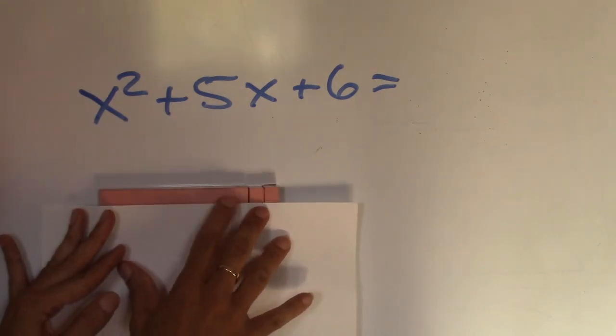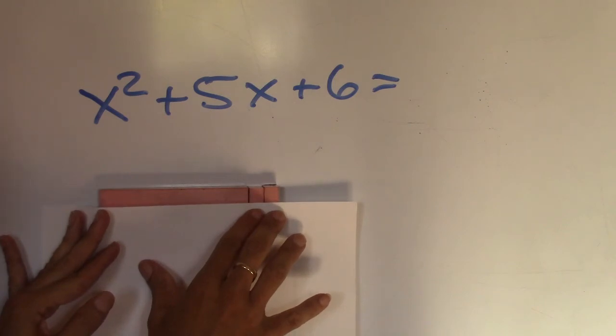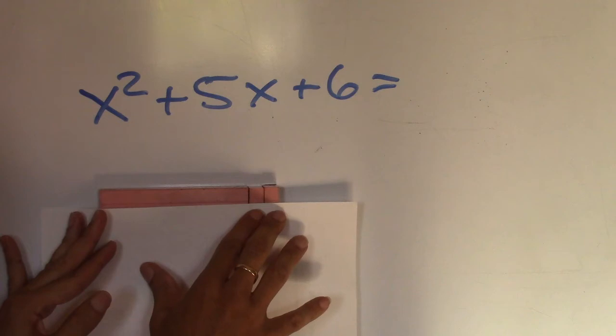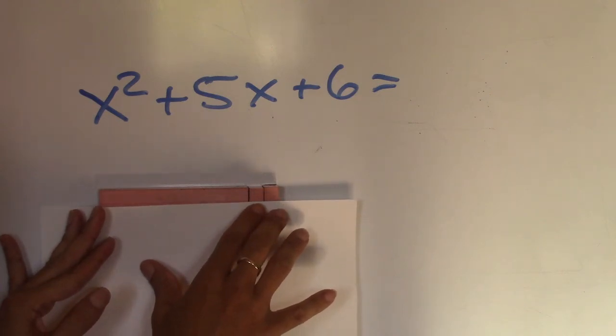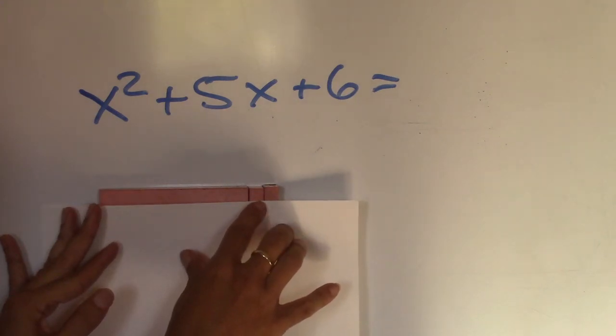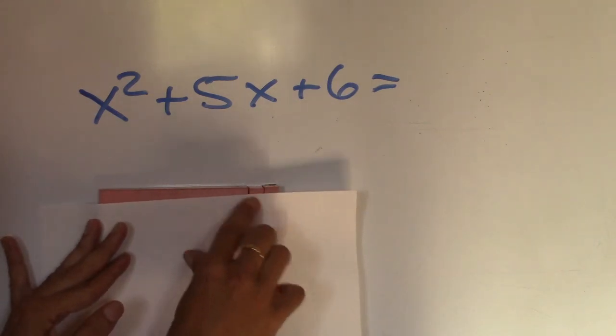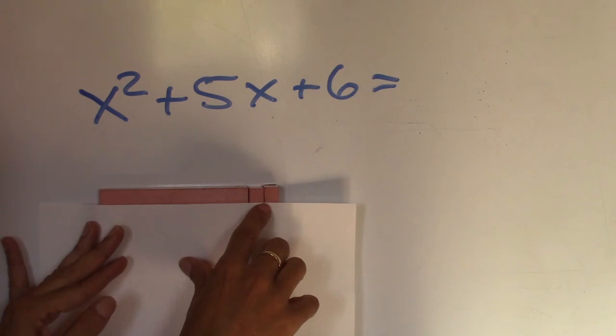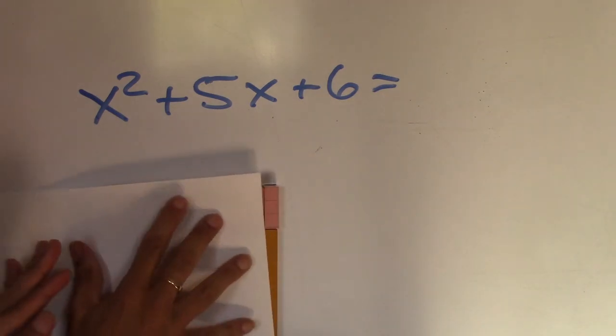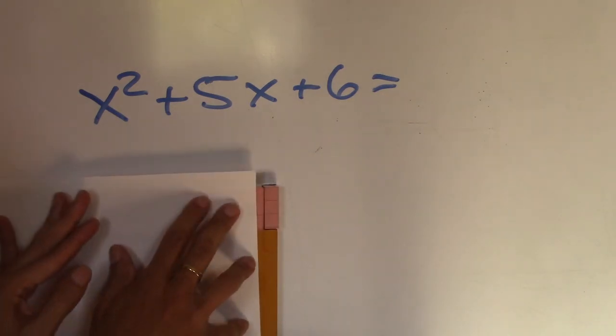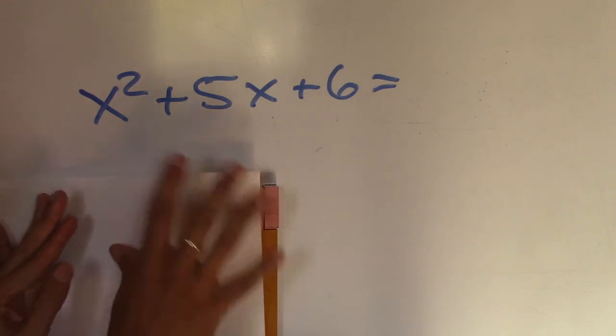What is this? X plus how many? X plus 2. There you go. And what is it this way? X plus 3. There you go.